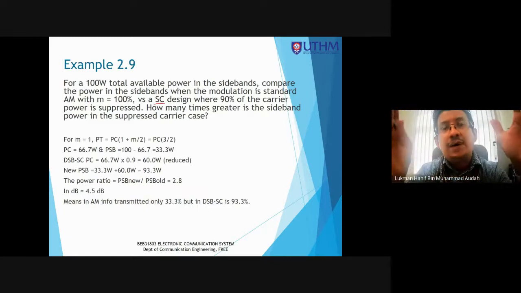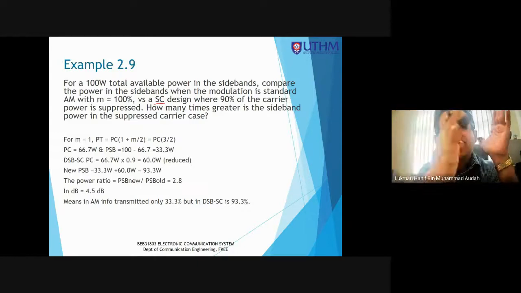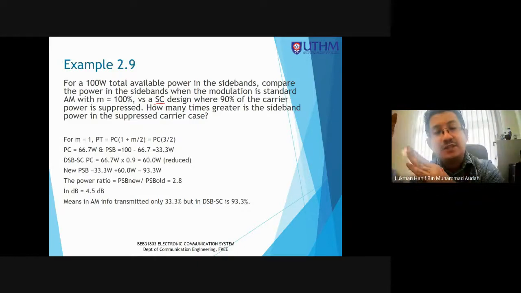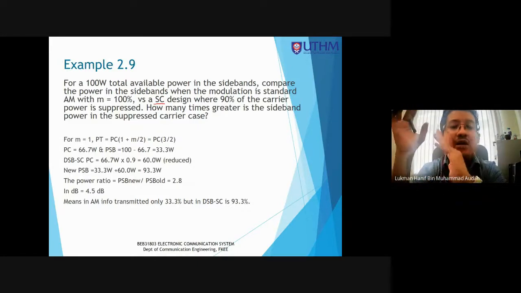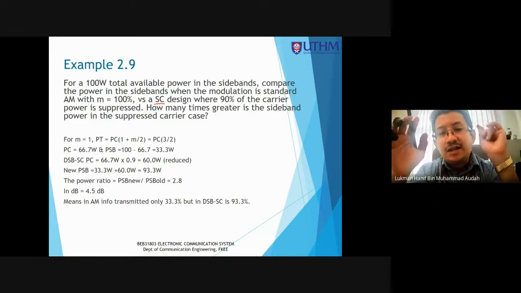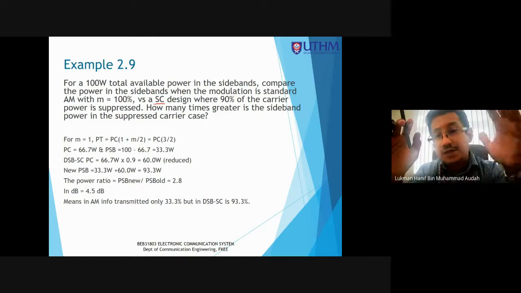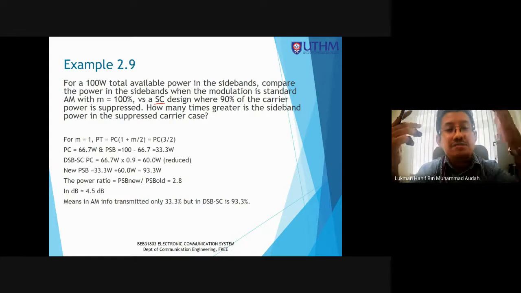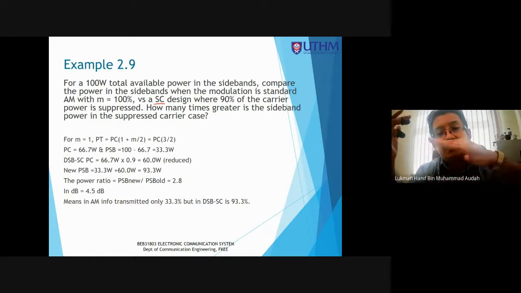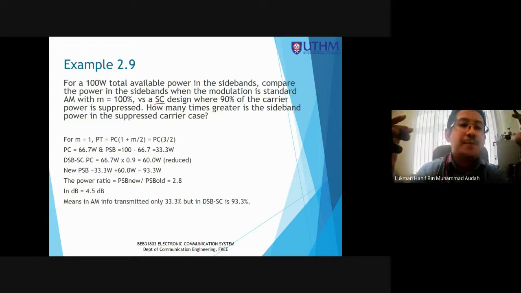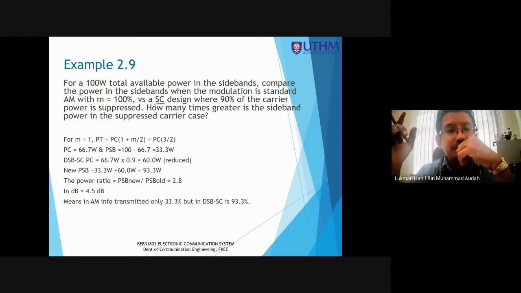So dia nak compare dari segi power untuk double sideband full carrier dan juga double sideband suppressed carrier. Okay. So the suppressed carrier is designed when 90% of the carrier power is suppressed. Dia tak 100%. Ini dah macam reduced carrier juga. Dia suppressed tetapi tidak 100%. Dia suppressed 90% sahaja. Maknanya ada baki 10%.